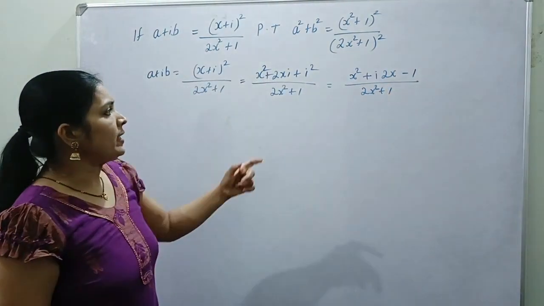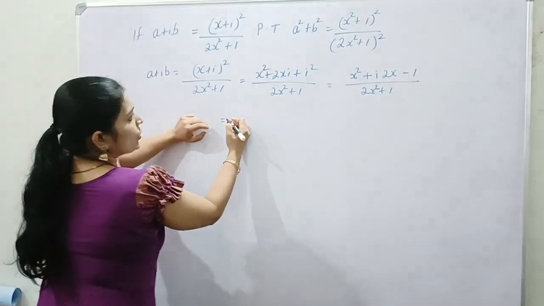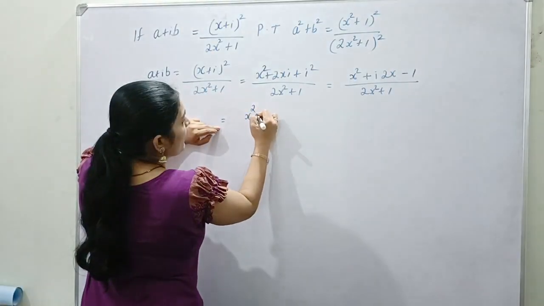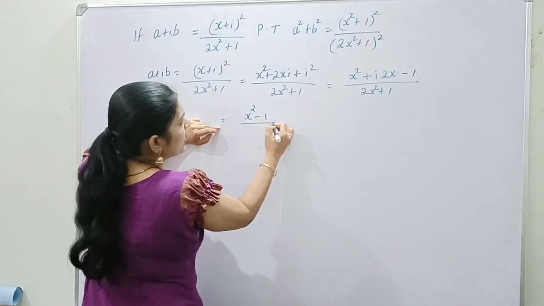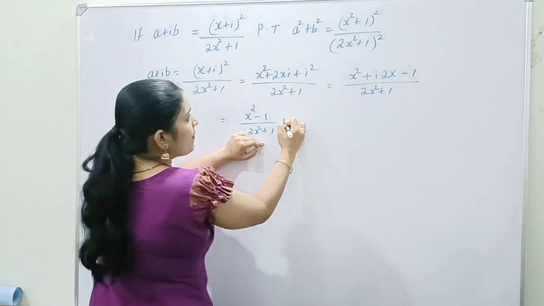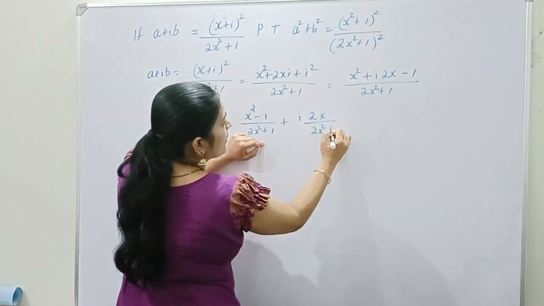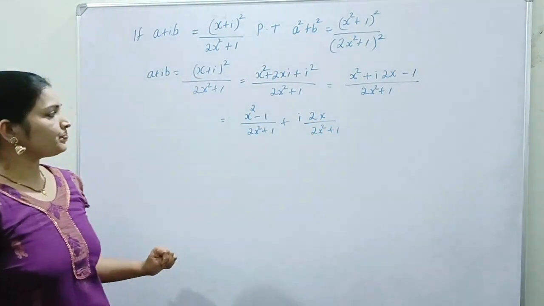Now we can write it in the form of a plus ib. That is equal to (x square minus 1) divided by (2x square plus 1), it is the real part, plus i 2x divided by (2x square plus 1), it is the imaginary part.